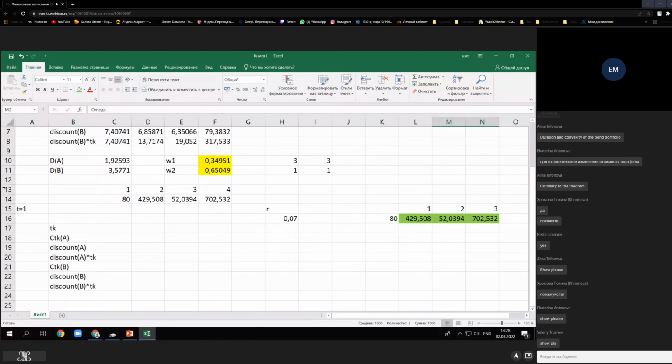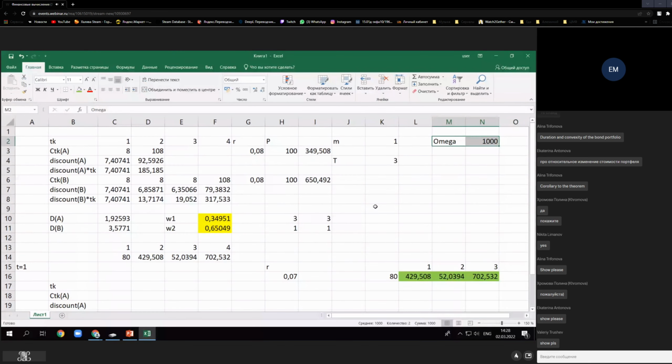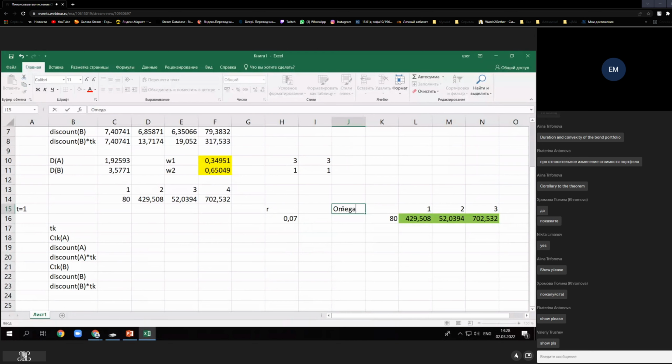What do we have in 1 year? In 1 year, we will have the sum omega 1. It will be equal to the sum which we will get clearly, and this part represents the future payments, which is why we should discount them using the current rate.